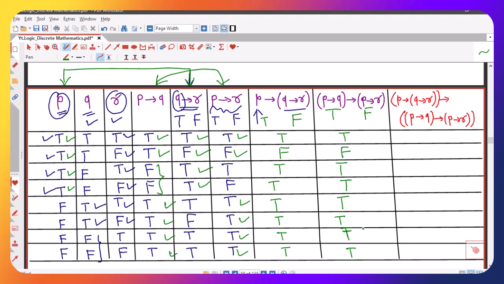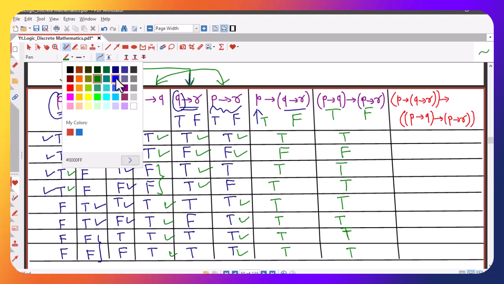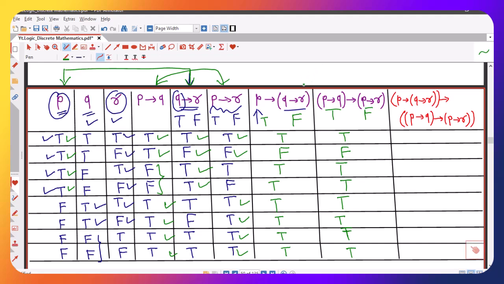This is true. And finally we can write down truth values for the last implication. For that we have to check for these two: P implies Q implies R, and P implies Q implies P implies R. This is false if this one is true and this one is false.